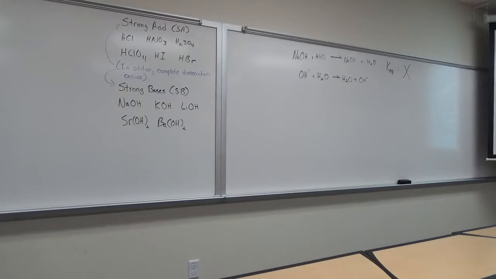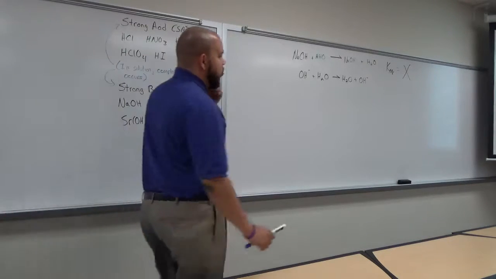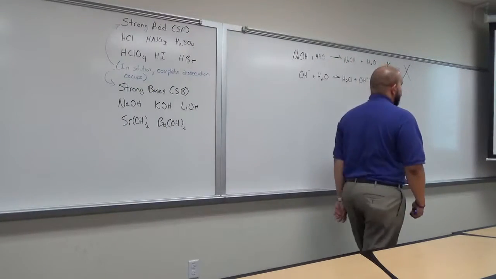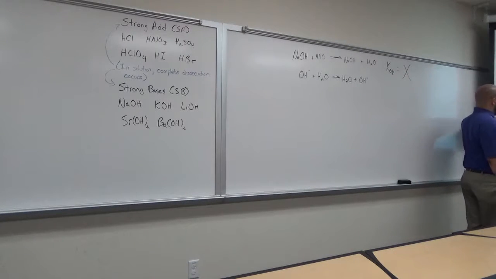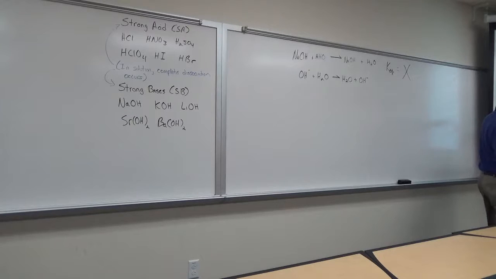So here is your strength, and that's what we just talked about. Whenever equilibrium is involved, in this case we have HCl, which is strong, so the equilibrium constant is way, way greater than 1, huge. Now here, this is acetic acid, excuse me.